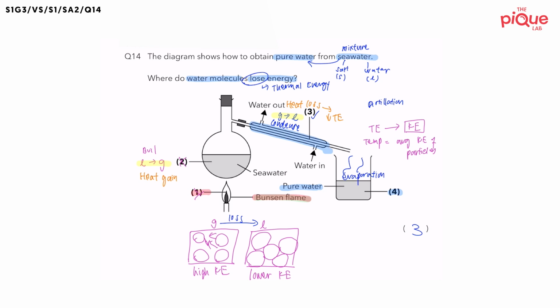We are looking at a state change from liquid to gas. Looking back at the diagram that we've drawn, from liquid to gas, are we looking at a gain or a loss in kinetic energy? We are looking at a gain in kinetic energy. And is that what the answer is looking for? The answer is looking for a loss. Therefore, option 4 doesn't answer the question and can be ruled out. As such, our answer is option 3.